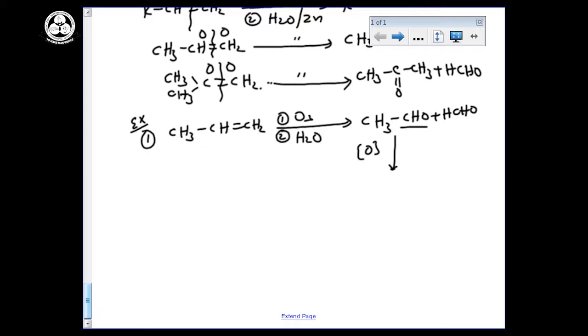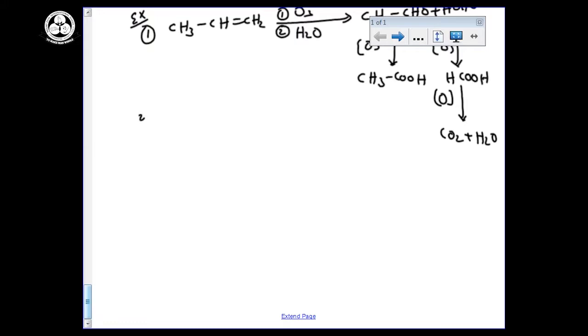So the aldehyde on oxidation gives acid, CH3COOH. The HCHO on further oxidation gives formic acid. Formic acid is highly unstable, so it again breaks up into CO2 and water.